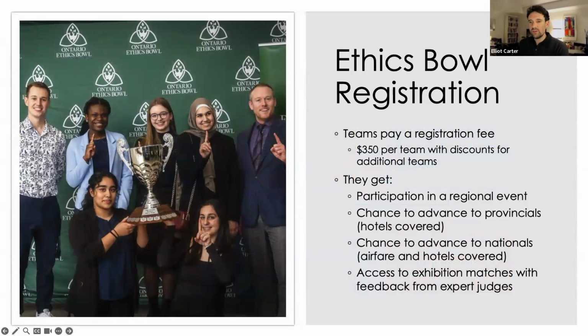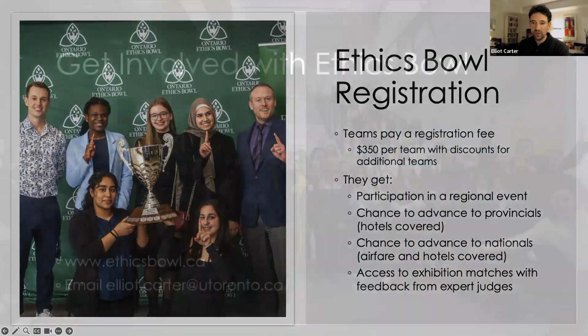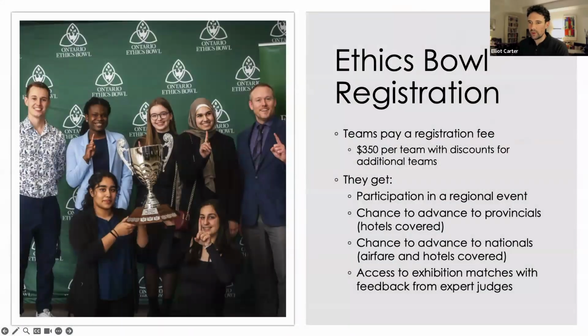There is a registration fee for teams to take part in Ethics Bowl. It's $350 per team, and there are discounts for additional teams from the same school. But out of this, teams get to participate in a regional event, which takes place at one of the partner universities, and usually this includes things like lunch for everybody. And they get a chance to advance to the provincial championship.